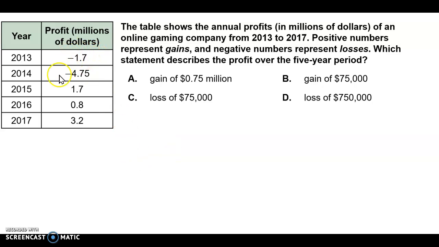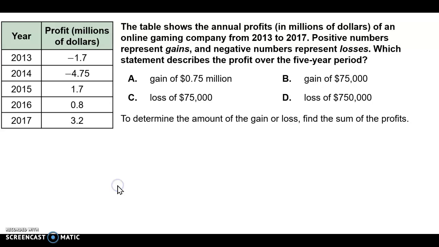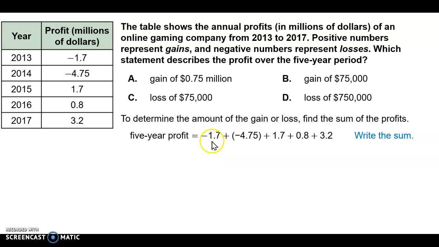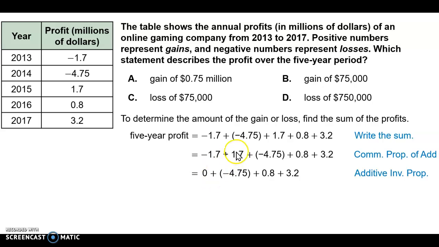So here's all of them we have over here. So we have it like this. Now, if you notice, you see the negative 1.7 and positive 1.7? Those cancel each other out. So they used the commutative property to move it, and then they zeroed it out.